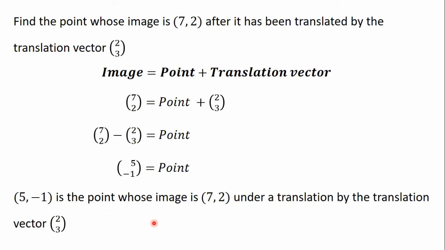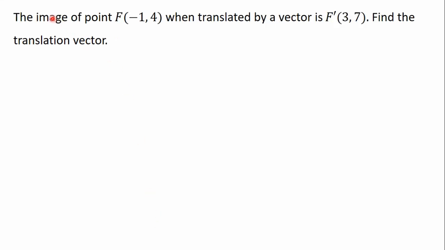Let's consider the last question. The image of point F with coordinates minus 1, 4 when translated by a vector is F prime with coordinates 3, 7. Find the translation vector. So this time we have been given the point F with coordinates -1, 4, and the image of point F, which is F prime with coordinates 3, 7.